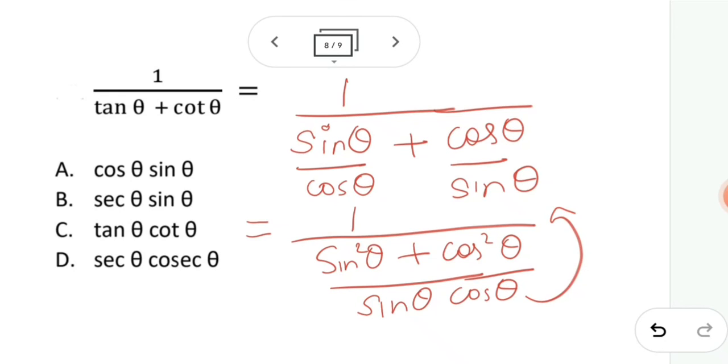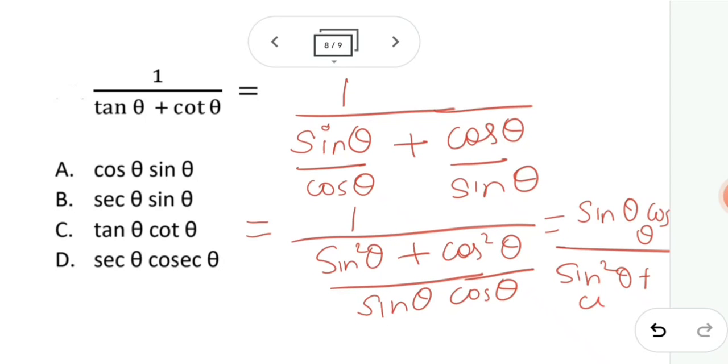Now this will go up and we will be getting sine theta cos theta upon sine square theta plus cos square theta. Now we know, we have discussed in the identity that sine square theta plus cos square theta equals to 1.